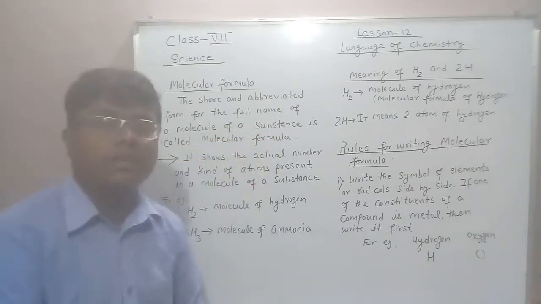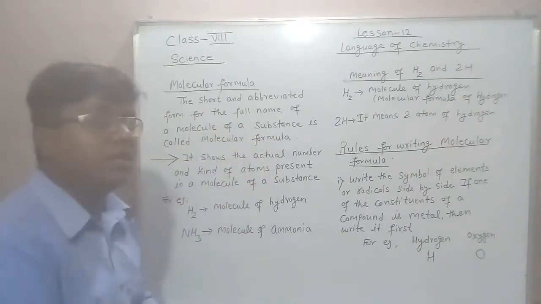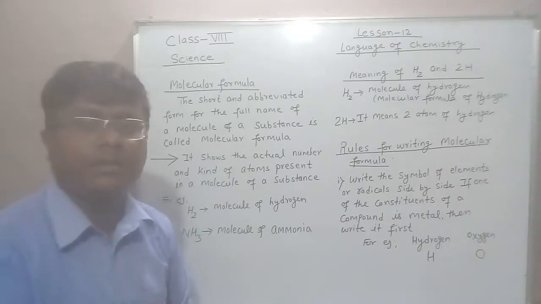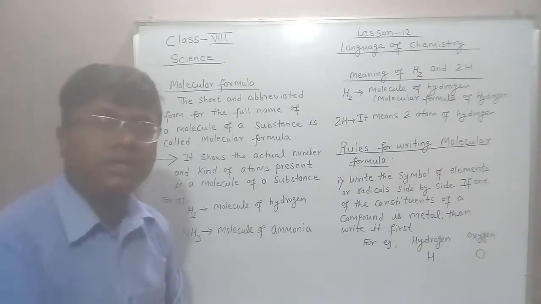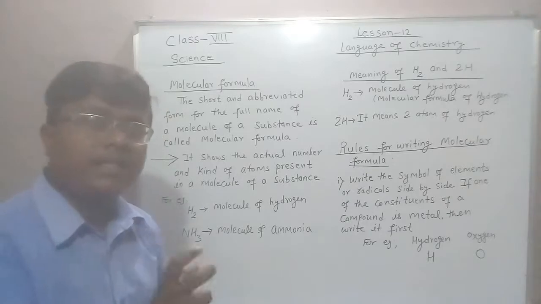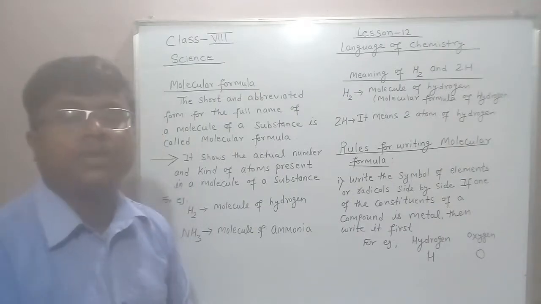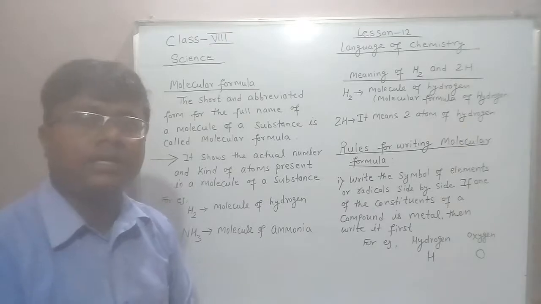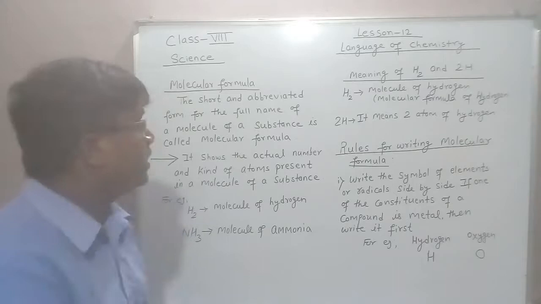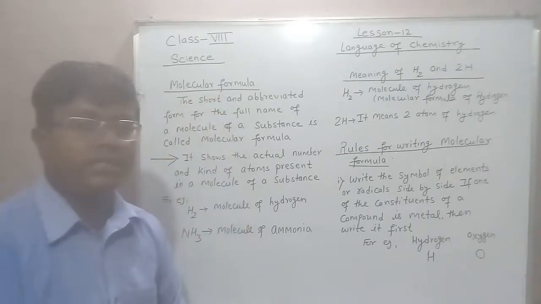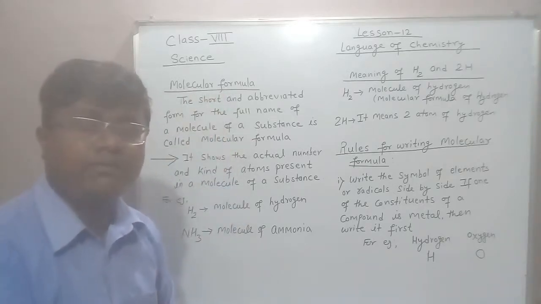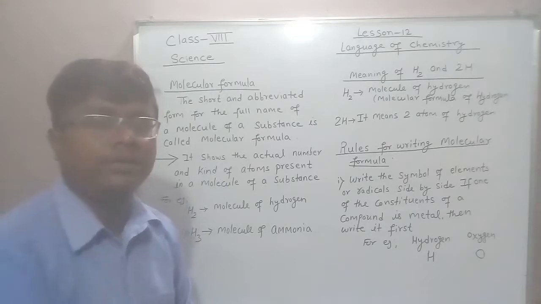To represent a molecule, instead of writing the full name, it is better to write it in a short or abbreviated form, and that we call a molecular formula. It is just the representation of a molecule in a short form.